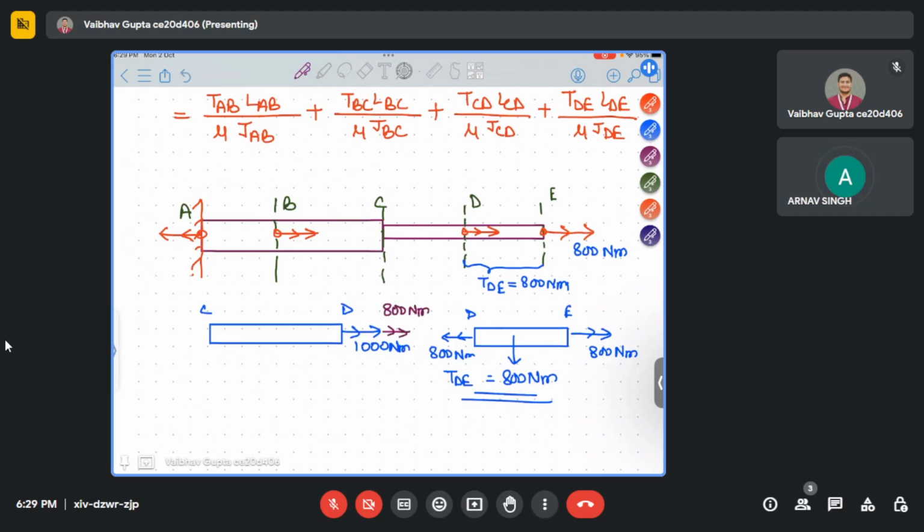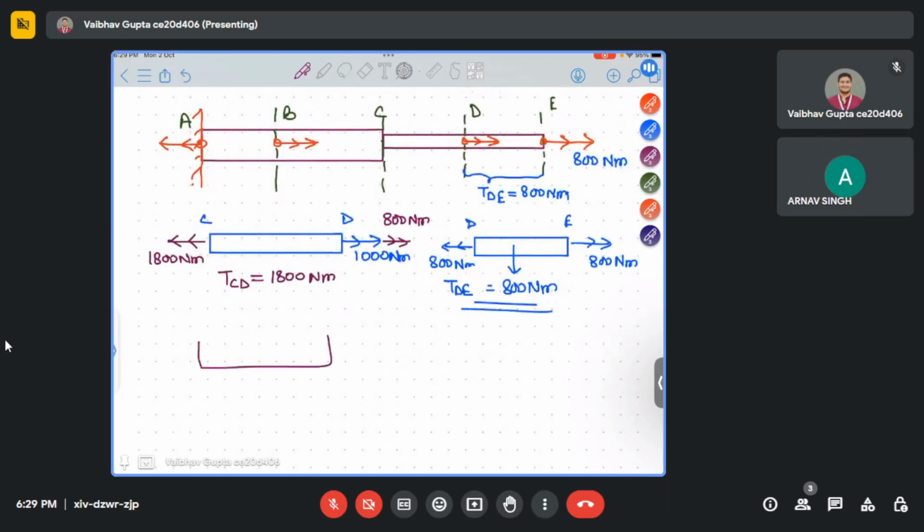So the total is 1800 to maintain equilibrium. So TCD will be equal to 1800 Newton meter. Understood?